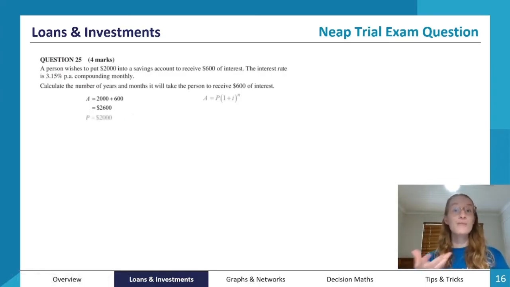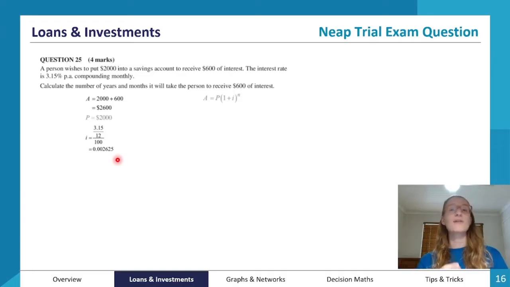We also know P, the principal, because we're told how much they're going to invest. So we know that the starting point is $2,000. And we can also calculate I. They've arranged their formula slightly differently here, but it's still the same effect as what we've been talking about. So what they've done is they've taken the interest rate per annum, which is 3.15%, and think of it like they've divided it by 100, and they've also divided it by 12, which is the number of compounds per year.